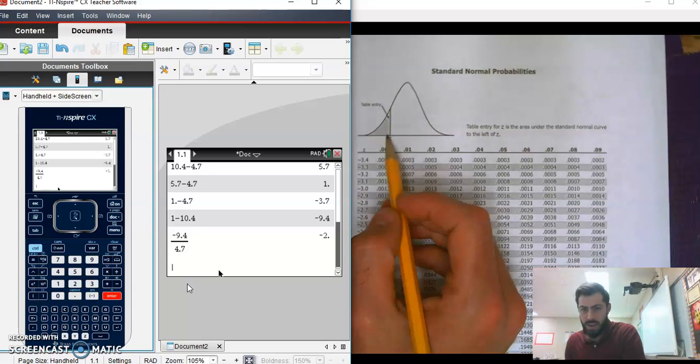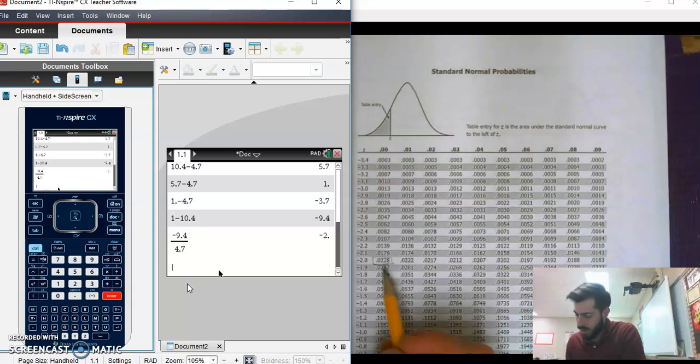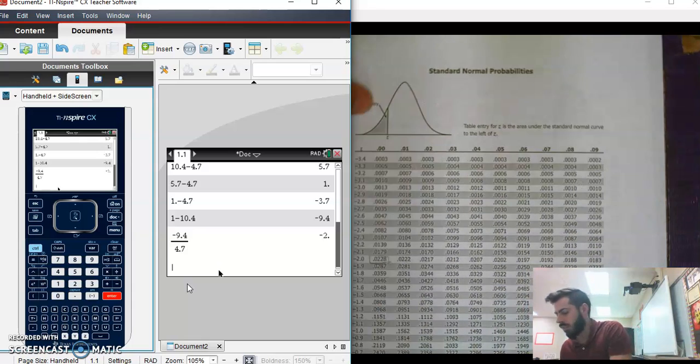So this area in this graph here would be 0.0228.